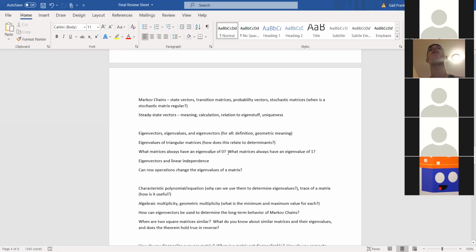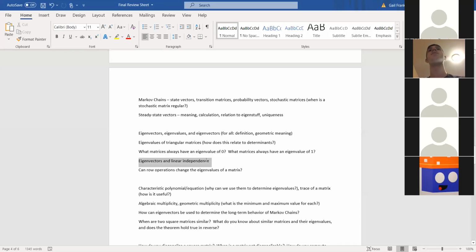Those are singular matrices. And all stochastic matrices have an eigenvalue of 1. But just because a matrix has an eigenvalue of 1 doesn't mean it's stochastic. But this one is an if and only if kind of thing: a singular matrix and an eigenvalue of 0 are equivalent.